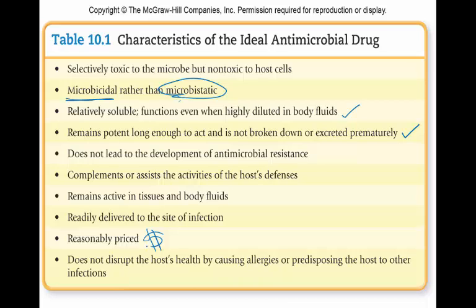Now, these sound very similar to a lot of the characteristics of an ideal disinfectant. The reality is, just like the ideal disinfectant, this one doesn't exist, because if it did, it would work on everything. It would kill bacteria, never harm us, and it would be reasonably priced. We'd all have access to it. So we sort of do the best we can with what we have right now.